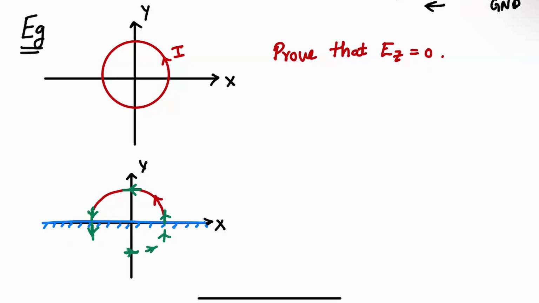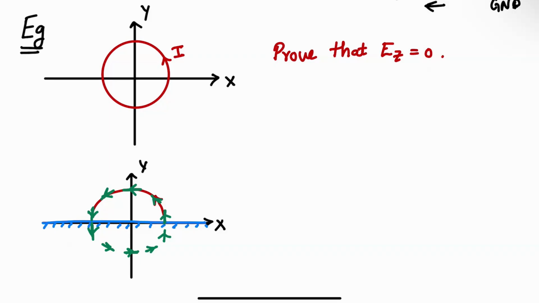And you can show for every section in the top, the bottom has an image which corresponds to completing the loop. Okay, so essentially these two problems are exactly the same because the current on top is a full circle, whereas the current on the bottom, because of the PEC, you have an image of the top circle, and that is exactly like completing the full circle. So you get back the same loop.